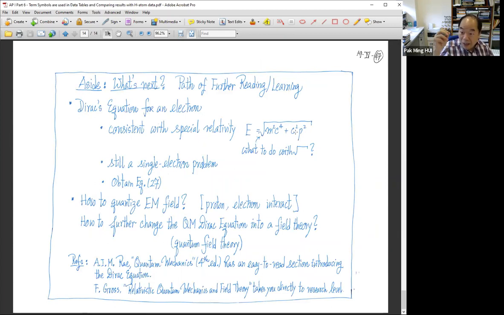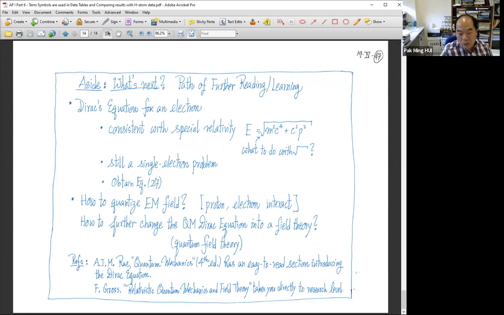If you put the Coulomb field into the Dirac equation and manipulate it, when you take the non-relativistic limit, you will see the spin-orbit interaction term come out from the Dirac equation. So that is another nice byproduct. But even so, you still need more to obtain the Lamb shift.